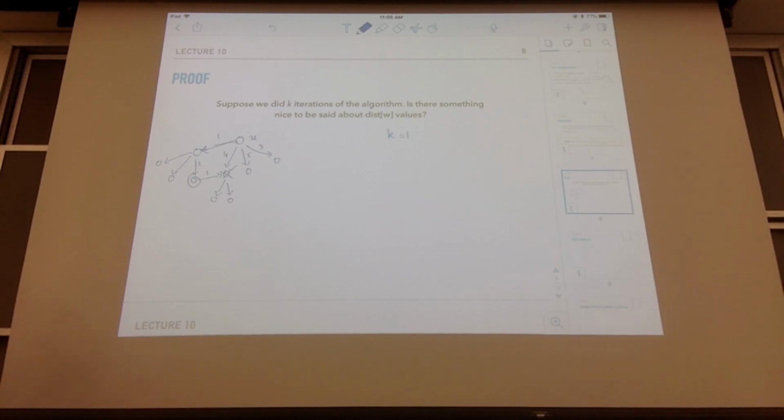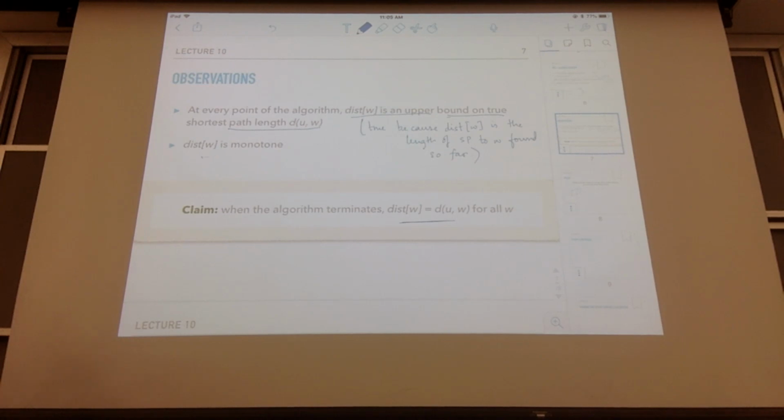So this is certainly true, right? So this follows from what I've said before, because the distance of w is monotone. So every round is certainly better than the previous round. The question is, why would it converge to the optimum? Assuming the process stops, why is everything optimal? You can guarantee this for all the paths of length less than k.